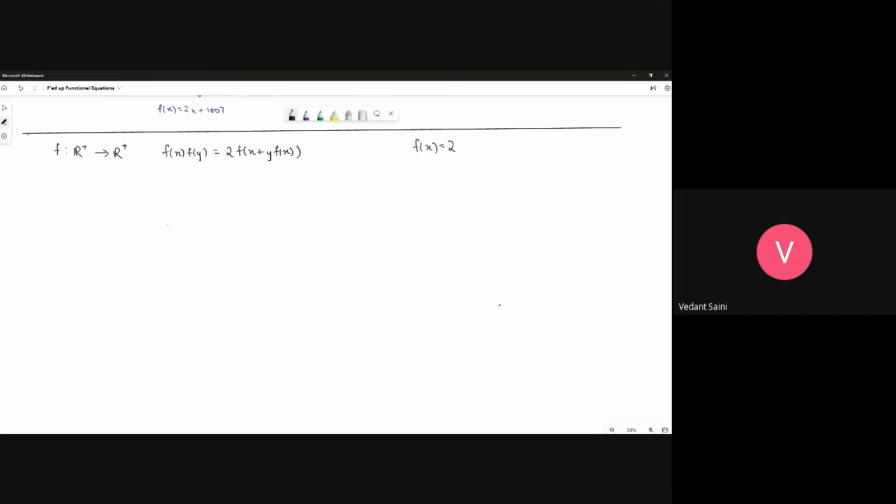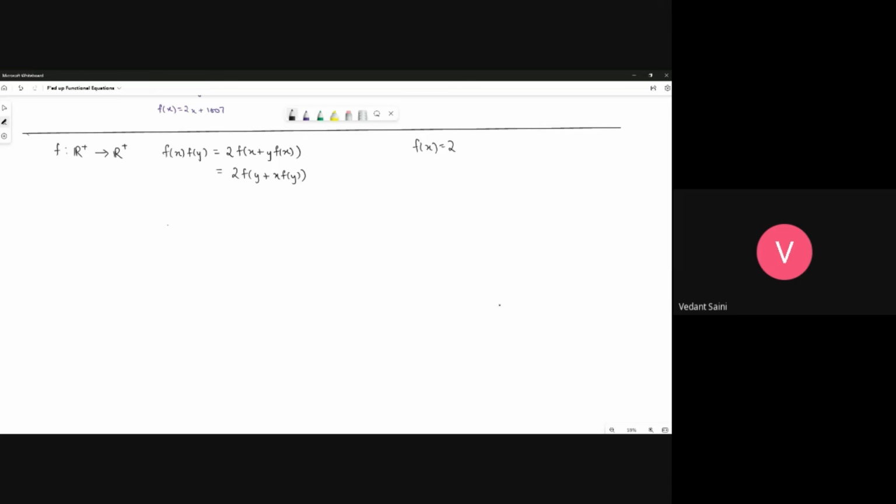The LHS is symmetric and the RHS isn't, so we write another equation. The cancellation trick, okay? So you mean to force x equals x plus y f of x or y equals x plus y f of x. Clearly x can't be equal to that.